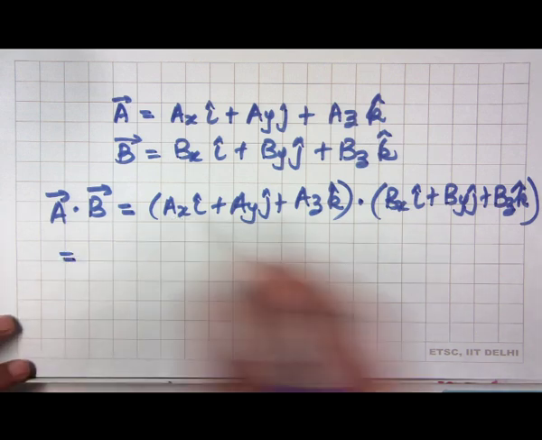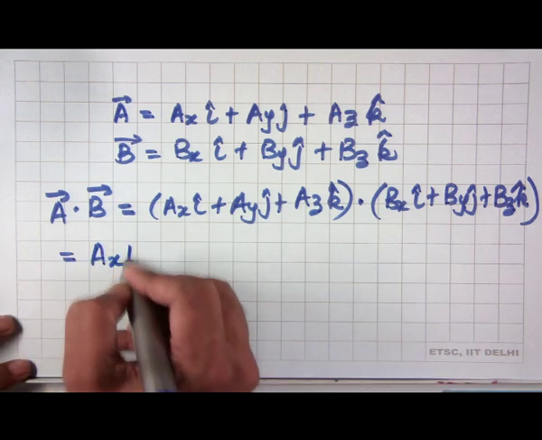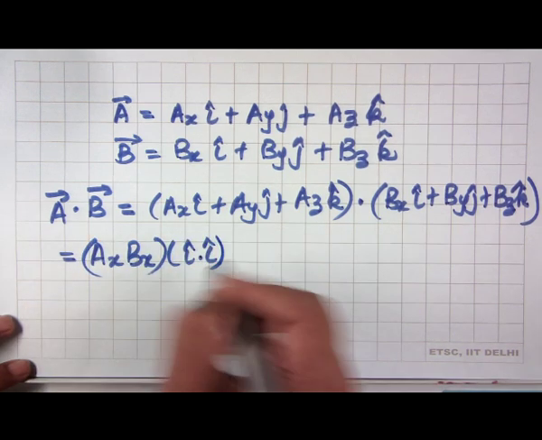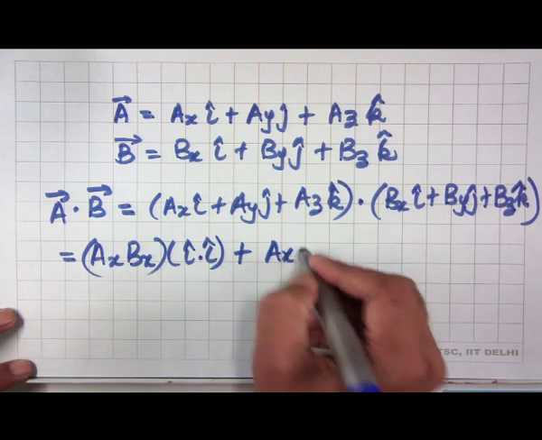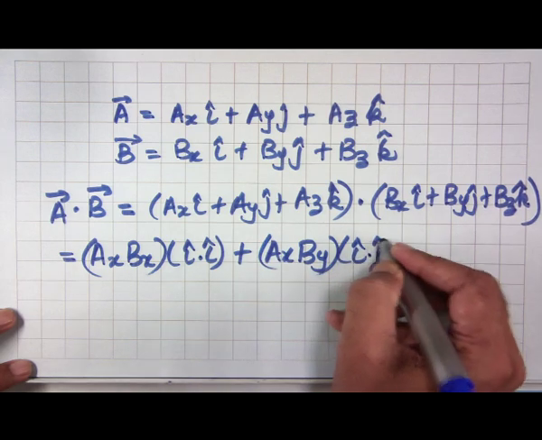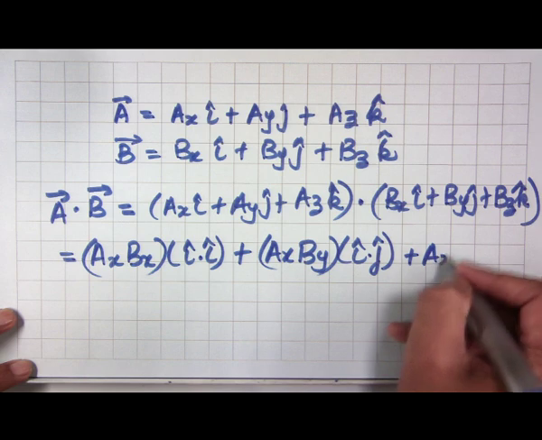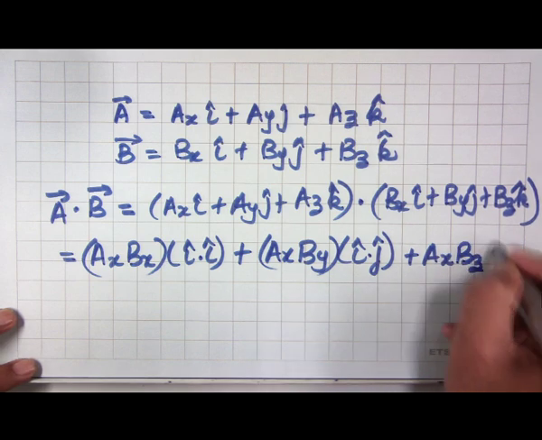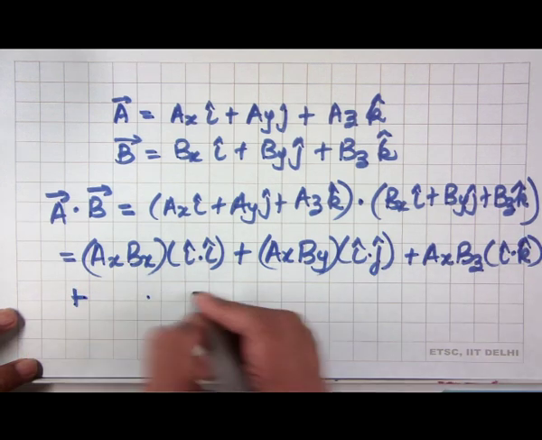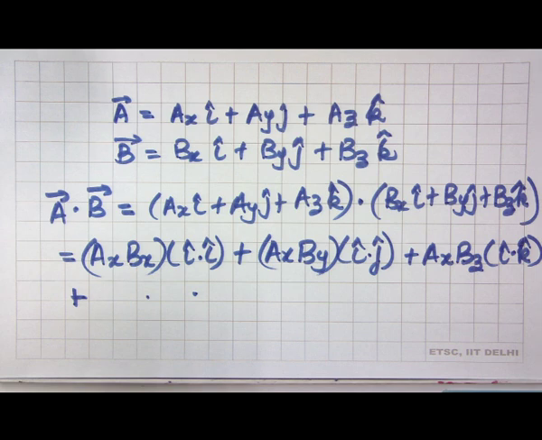The first term gives us AX BX times i dot i, plus AX BY i dot j, plus AX BZ i dot k, and then we can expand this; we will have a total of 9 terms.